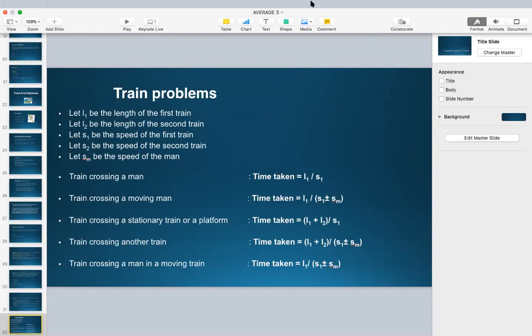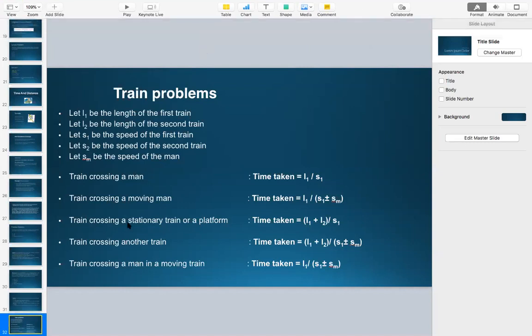Okay, and that is why you can see that in the third formula, in the third scenario, the time taken is equal to L1 plus L2 divided by S1, where L1 is the length of, let's say, the first train, and L2 is the length of the second train or the length of the platform, whatever the second object, which is quite huge.